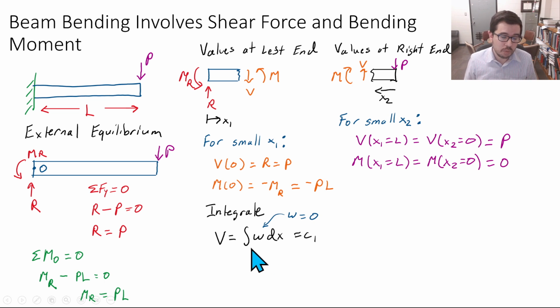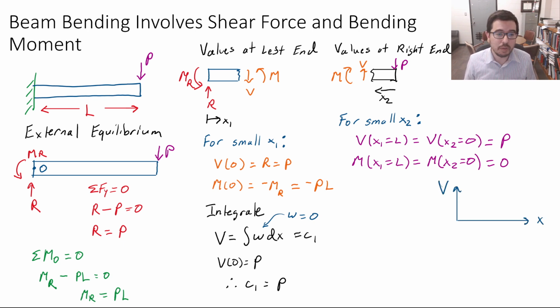And so we do the integration, and this would be 0, but we still have the opportunity to put a constant. So we'll say C1. Now, what is the boundary condition at the left side? We said V is equal to P. So this V has to equal P when x is equal to 0. So C1 is just going to be equal to P.